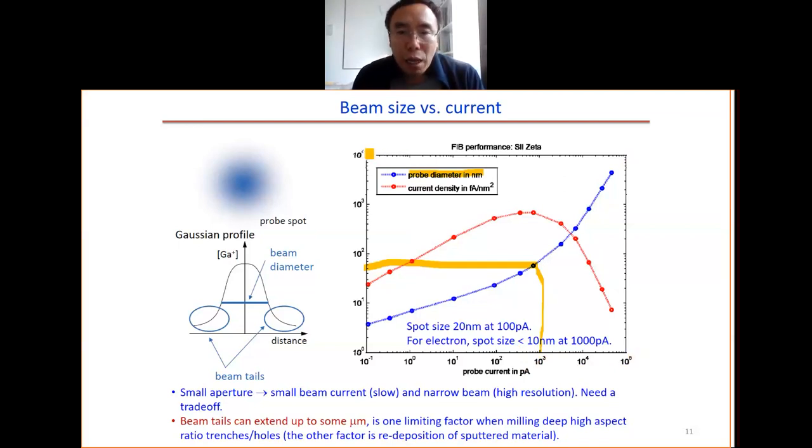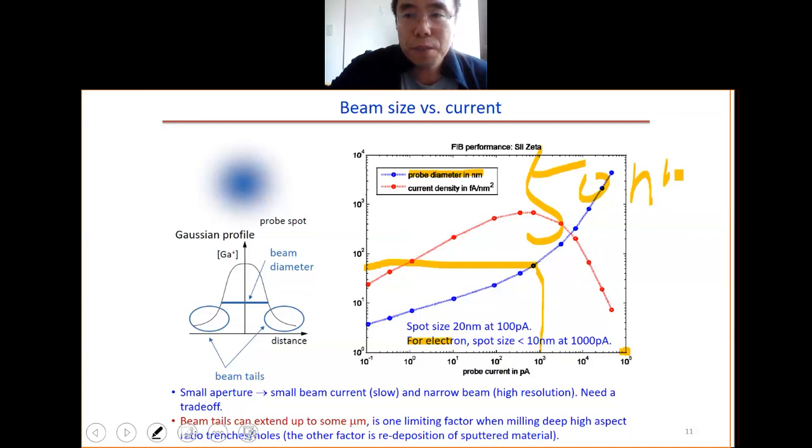It's really big. On the contrary, for the electron beam, we can have less than 10 nanometer beam size even at 1 nanoampere. And when we use 100 nanoampere, the electron beam size will be about 50 nanometer. So you can see it's much smaller. That is the main reason that even today people use electron beam lithography much more than focused ion beam lithography.